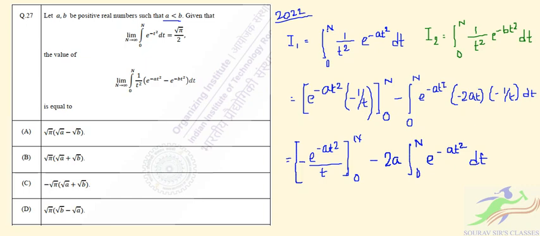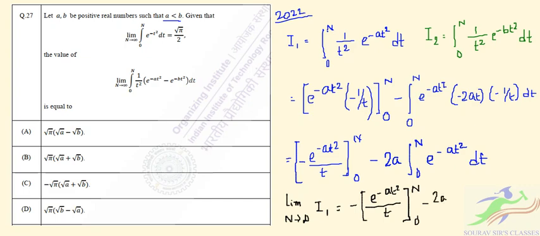So as the limit n tends to infinity, I1 is equal to minus e to the power minus a t square by t, from 0 to n.